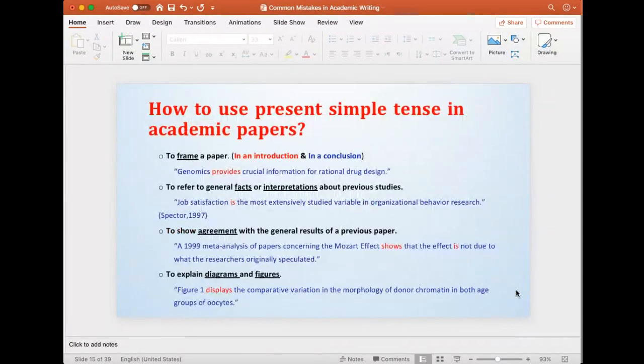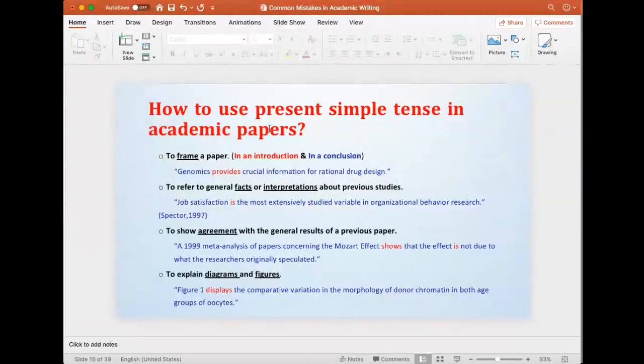All right. Now let's go to another issue here, which is about tenses. Okay. So how to use present simple tense in academic papers.